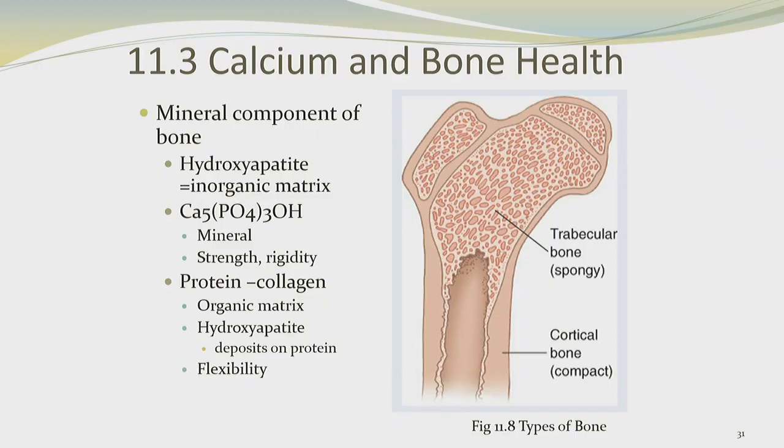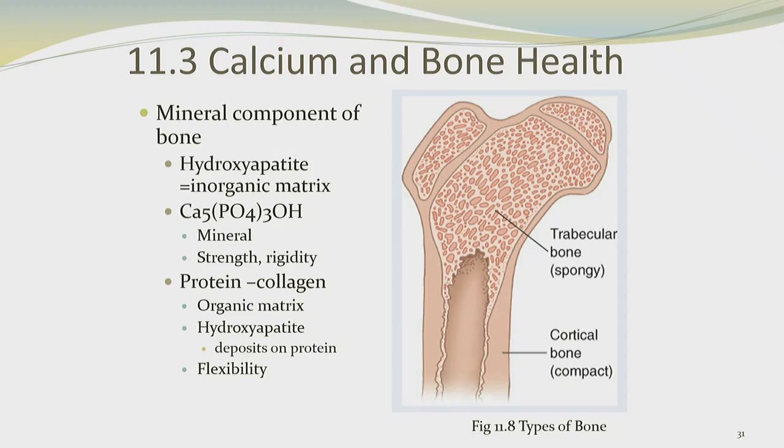The organic matrix of bone is made up largely of the protein collagen. So the hydroxyapatite is the inorganic structure, and the organic part is collagen. While the mineral component gives bone strength and rigidity, the protein component gives it some flexibility.